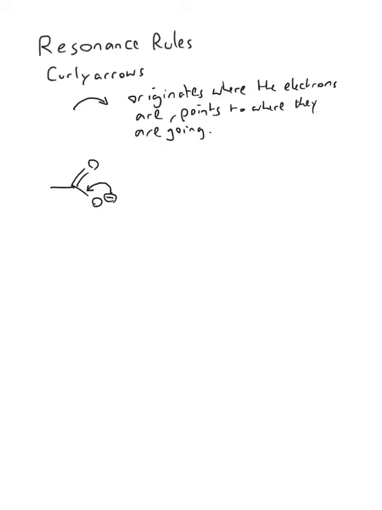And we would show one pi bond breaking, the electrons coming from the bond going to the oxygen. So in our next structure, we would now show where the electrons went. We now have a new double bond because the electrons moved to form that pi bond, and a negative charge on the oxygen because that's where the electrons ended up according to this arrow.